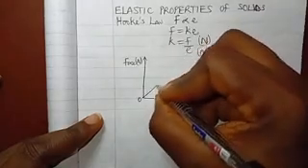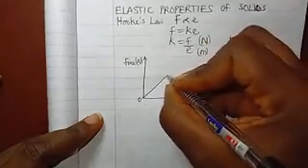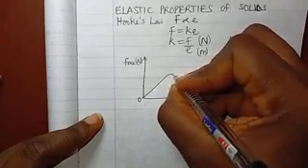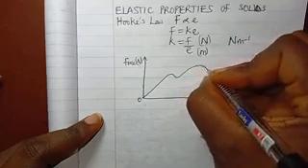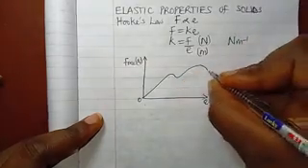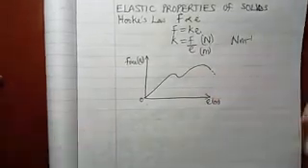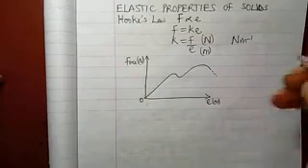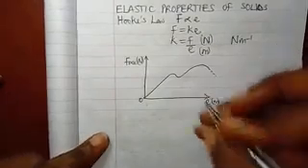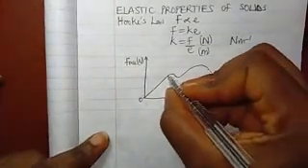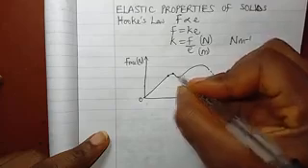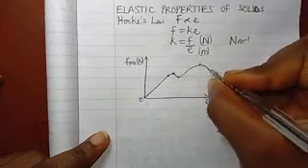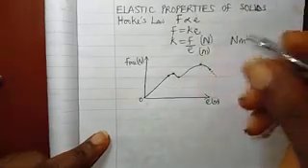We have this straight line, and then a curve goes down, extends, and then we have this point, and we could even extrapolate. Okay, so let us mark some important points on this graph. We have this point, this point, this, and then finally this.